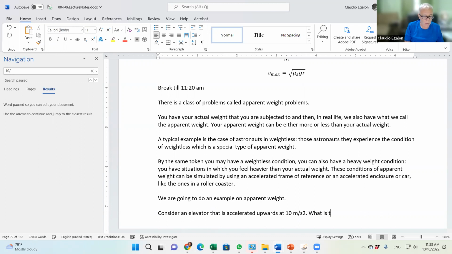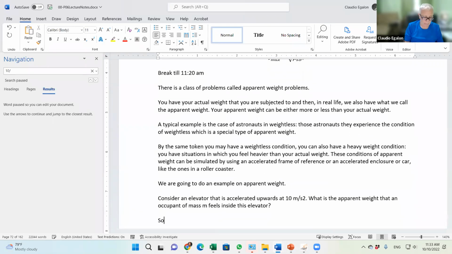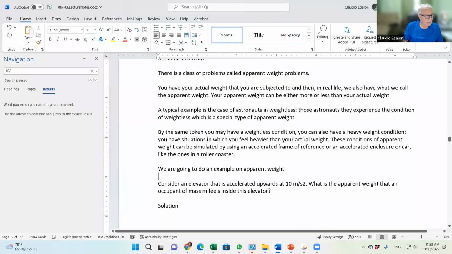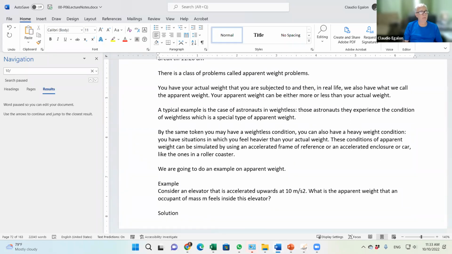What is the apparent weight that an occupant of mass M feels inside this elevator? Okay, so that's the apparent weight example, and then we're going to use those same ideas and apply them to uniform circular motion.